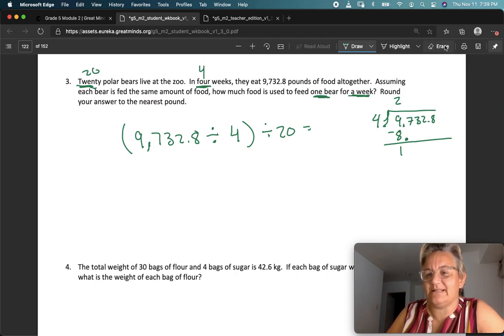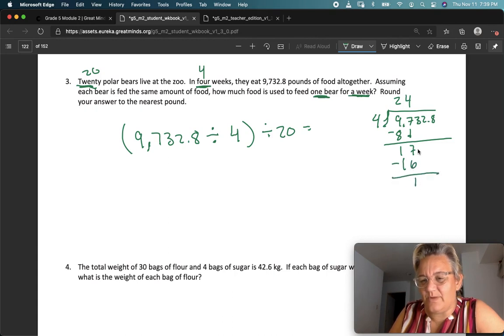There's my decimal point. Oh, I'm sorry, it's not a decimal point. It's a comma. Bring down the 7. Now I've got 17. 4 into 17 will go 4 times. 4 times 4 is 16. So that's 1 remaining. Bring down the 3. 4 will go into 13 3 times. 3 times 4 is 12. 1 remaining.